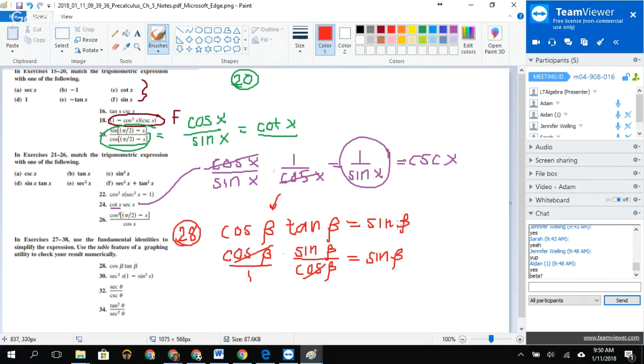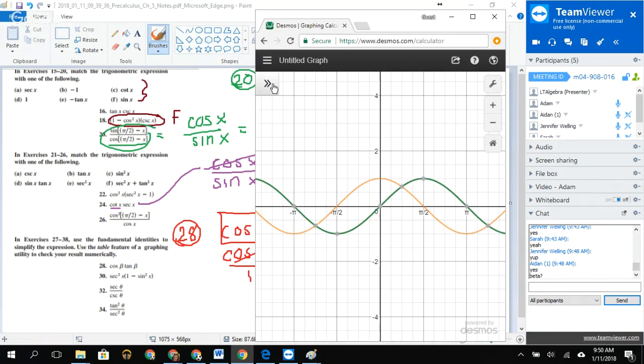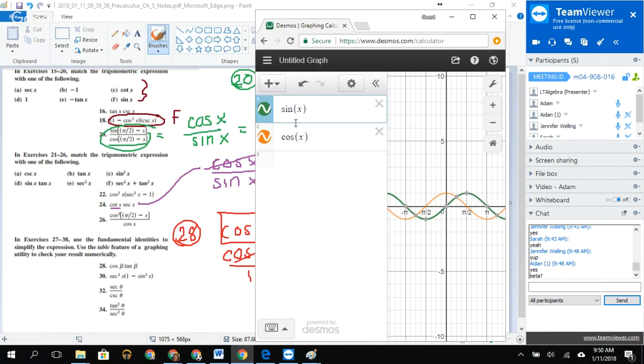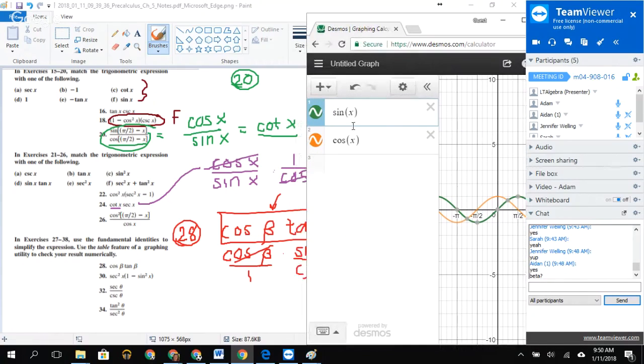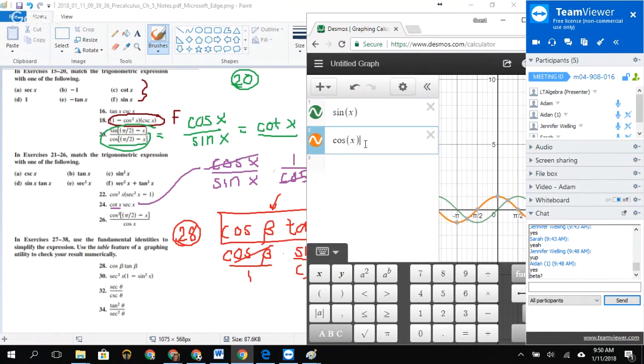Then what the book's asking you to do is to verify your result. Basically, you want to make sure that you're transforming it correctly. So if we pop into Desmos, we already have our sine curve there, and then we have the cosine times the tangent.